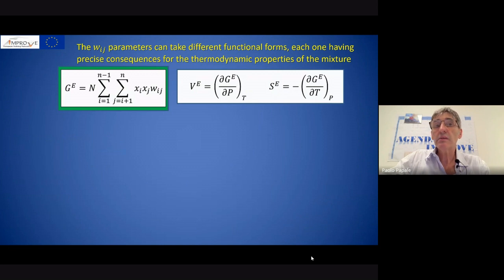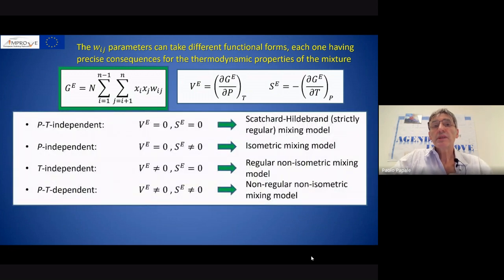Still, there is an excess Gibbs energy, and when partially derived with respect to the number of moles of a given component, that results in an activity coefficient of that component, which will be in general different from 1. Such a mixture is said to be of the Scatchard-Hildebrand type, and it is also referred to as a strictly regular mixture.